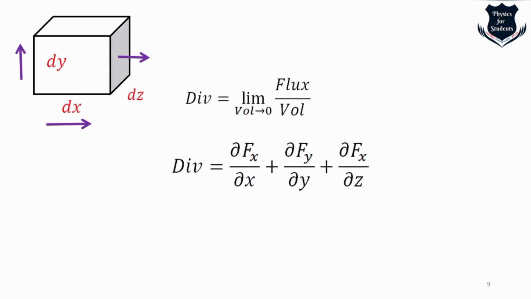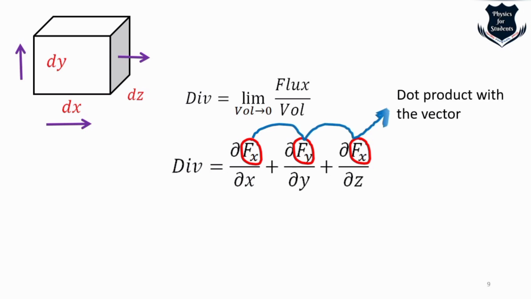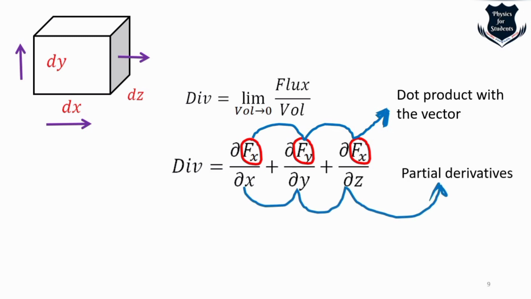This can be represented in this kind of equation. These are the gradient which gives us the partial derivatives, and this is the dot product with our vectors which gives us the divergence formula, and these are the partial derivatives, right?